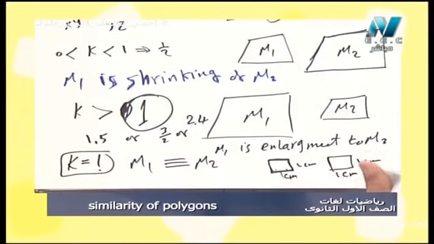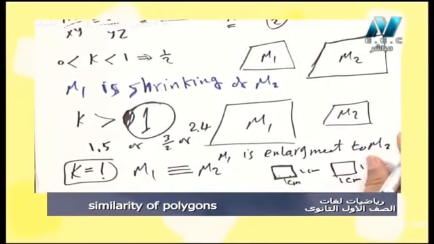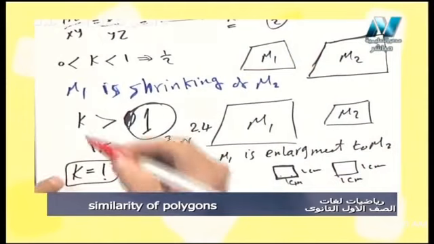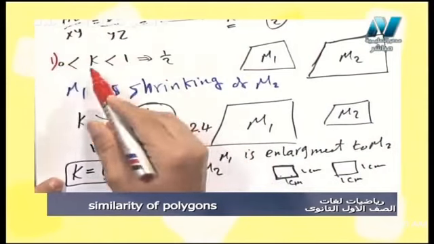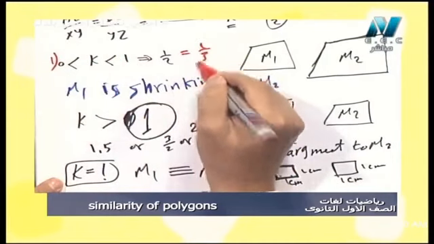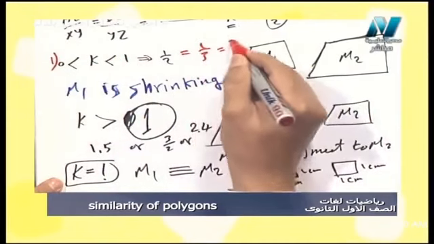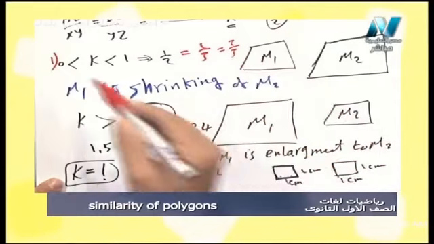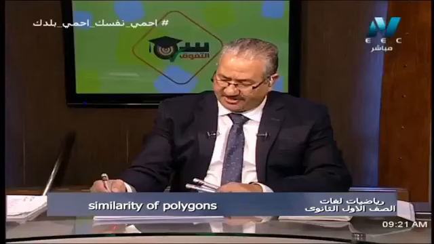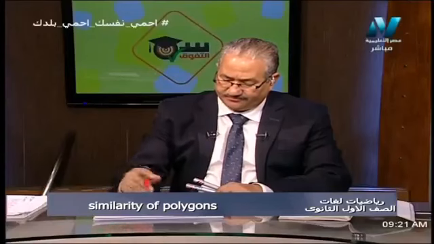Okay, so we have three conditions for K. The first one is if K is between 0 and 1, as 1 over 3, 1 over 2, or 2 over 3, or so on, a number between 0 and 1. So M1 here will be shrinking or minimizing of M2.